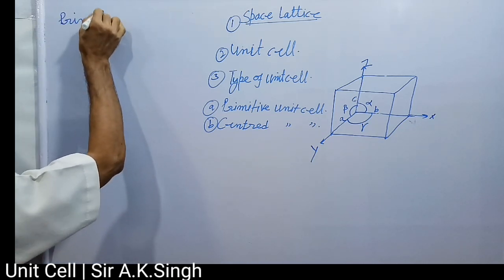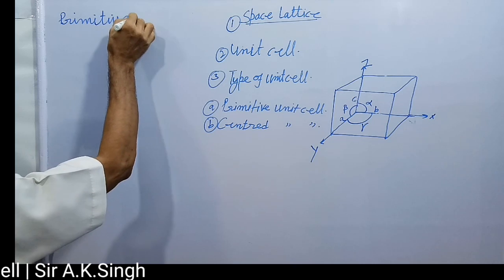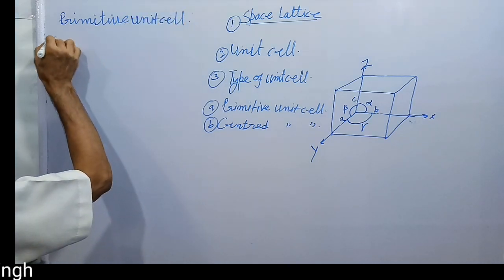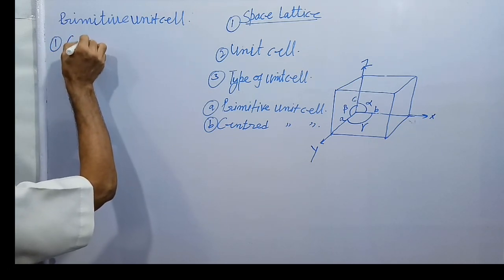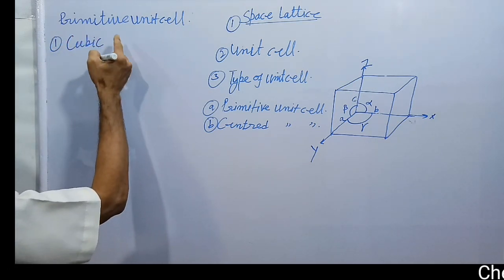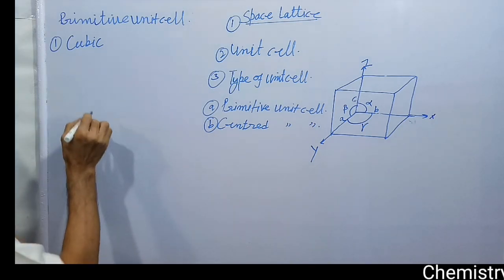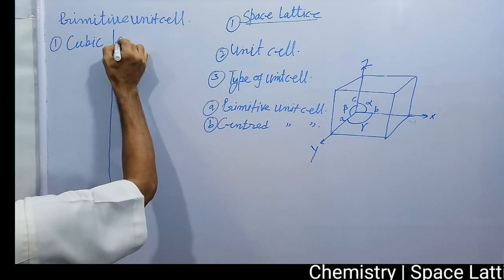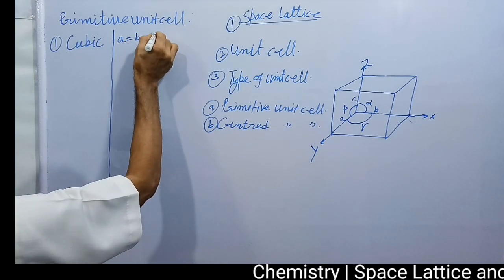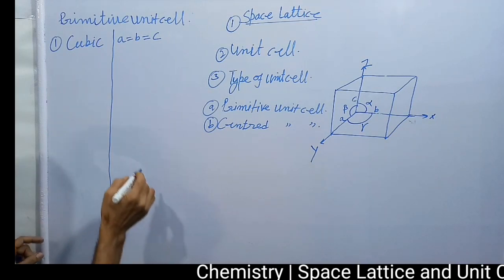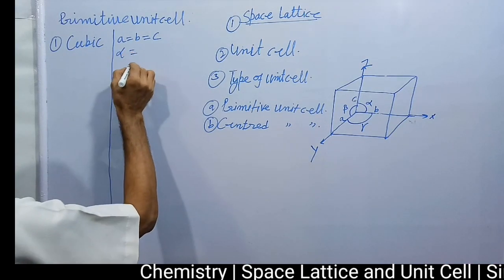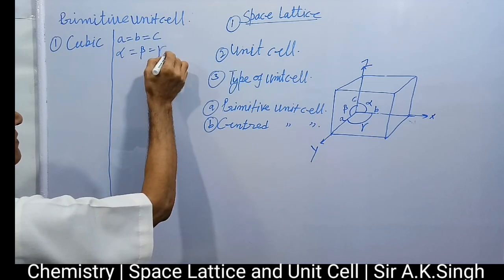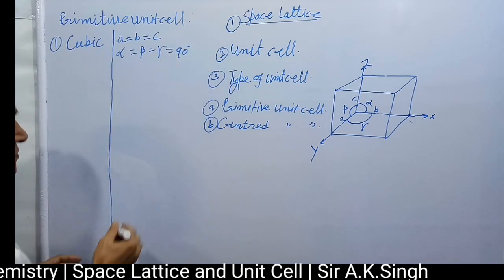First is the cubic unit cell. In the cubic unit cell, a equals b equals c, all three edges are equal, and the angles are also equal: alpha equals beta equals gamma equals 90 degrees.